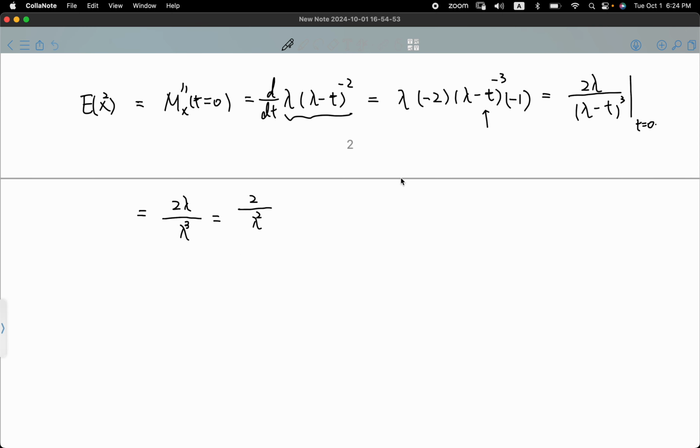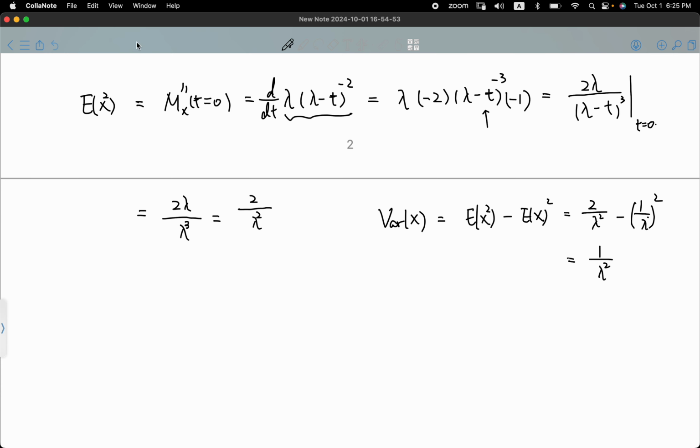Just to complete this example, let's also calculate the variance. So again, E of X squared minus E of X raised to the power of 2, you will have 2 over lambda squared minus 1 over lambda squared. And then this will give you 1 over lambda squared. And this is the variance for an exponential distribution.